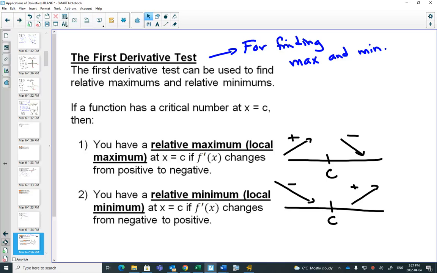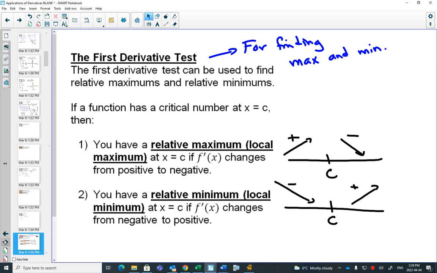So you're getting into what you're thinking, okay? The first derivative test just uses the first derivative, but it is for finding maximums and minimums. The first derivative is used to find increasing and decreasing. And one of its side benefits is you can tell quite easily where a maximum and minimum is.